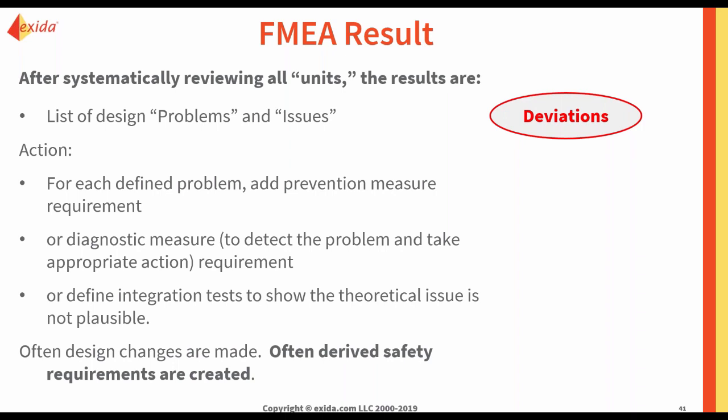For each deviation, we add a prevention measure requirement or a diagnostic measure requirement or define tests to show that this theoretical issue is not plausible. These are things we call mitigations. And often, design changes are made to enhance the design, and therefore derived safety requirements are created.